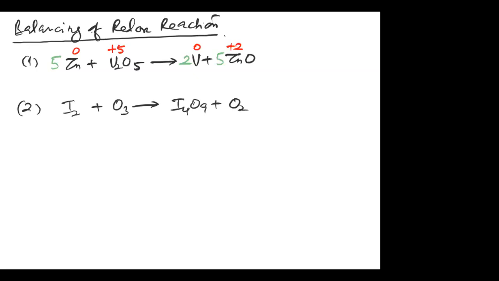So iodine is going to be the reducing agent here and ozone will be the oxidizing agent here. So I2 plus ozone will give I4O9 and O2.